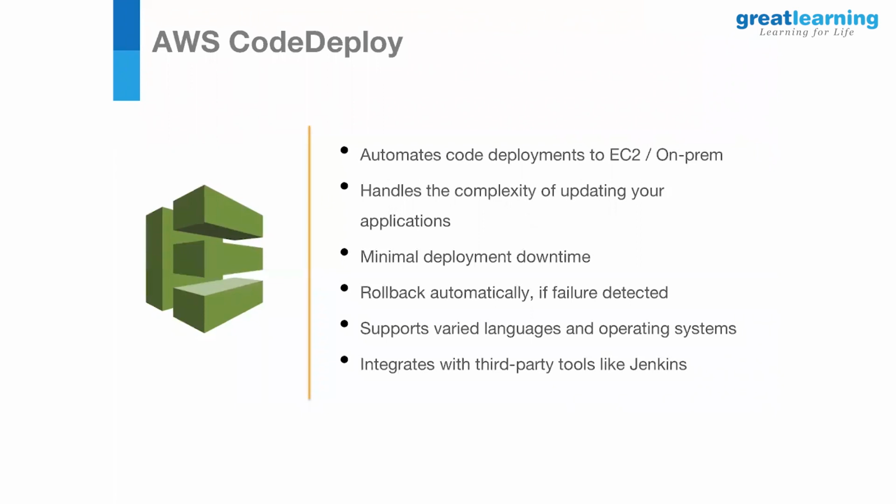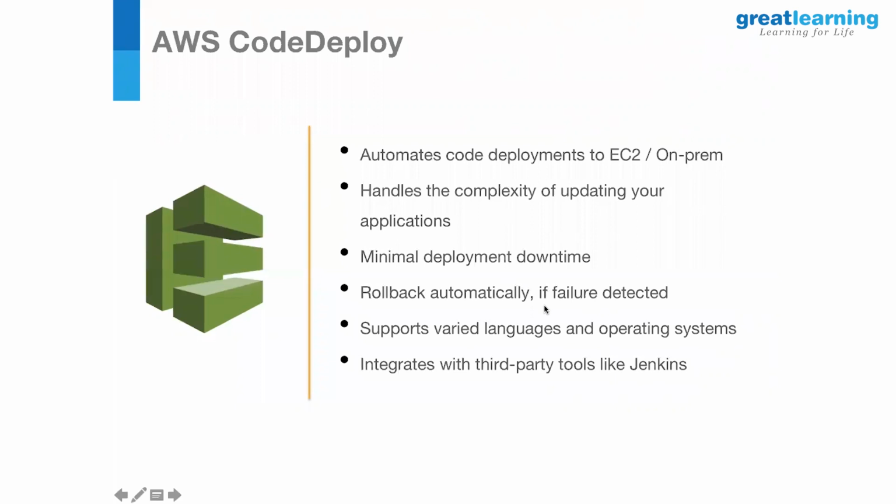So with the suitable deployment type, you can completely avoid downtime. There are two different deployment types here: in-place deployment and blue-green deployment. By choosing what deployment strategy would work for the type of application that you're trying to deploy, you can completely avoid downtime and also configure it to roll back automatically in case there is a failure.